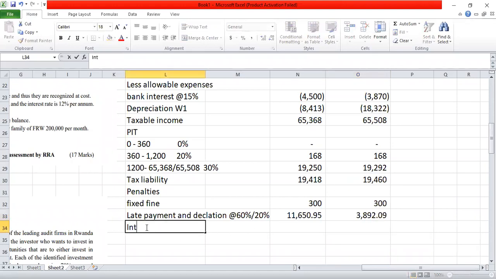Interest for late payment. Here we are calculating 1.5% times 13 months times tax.